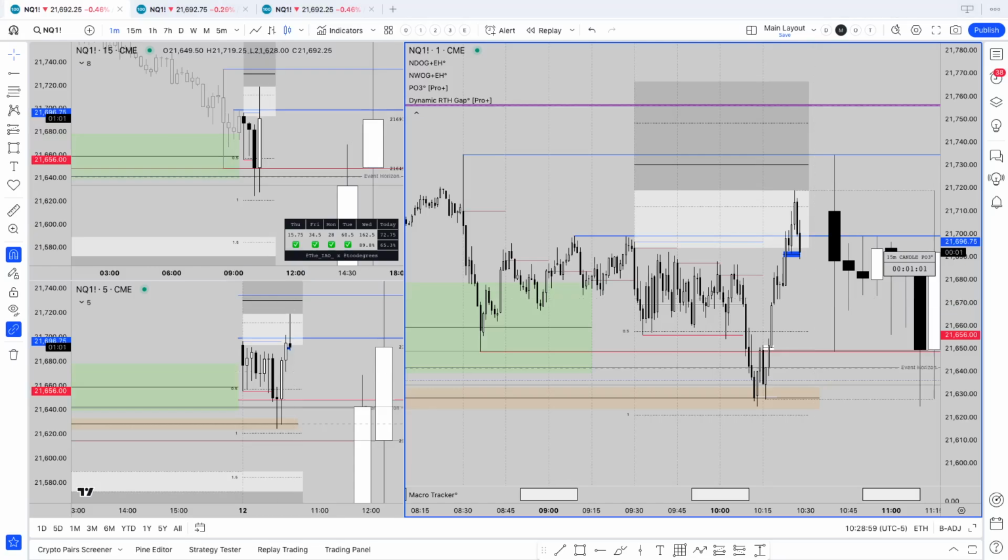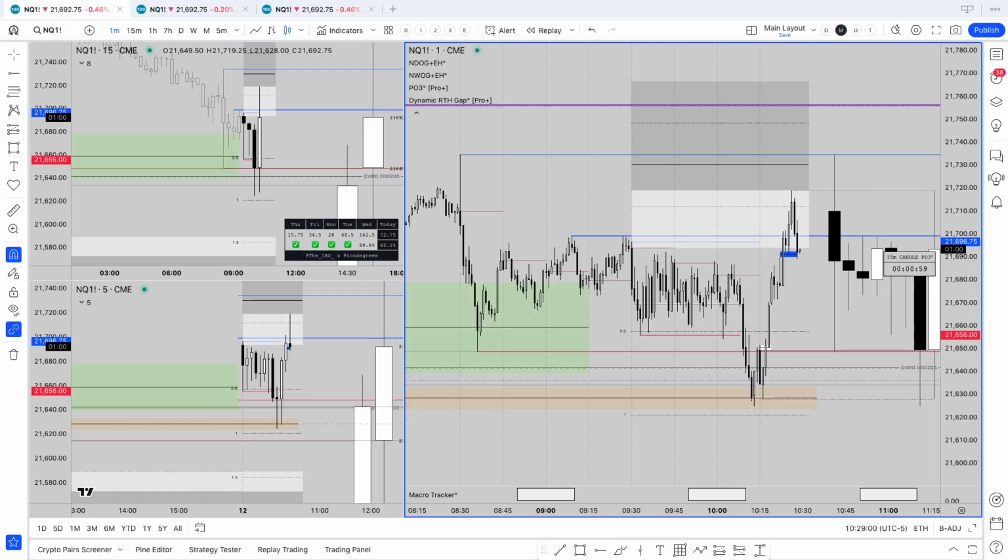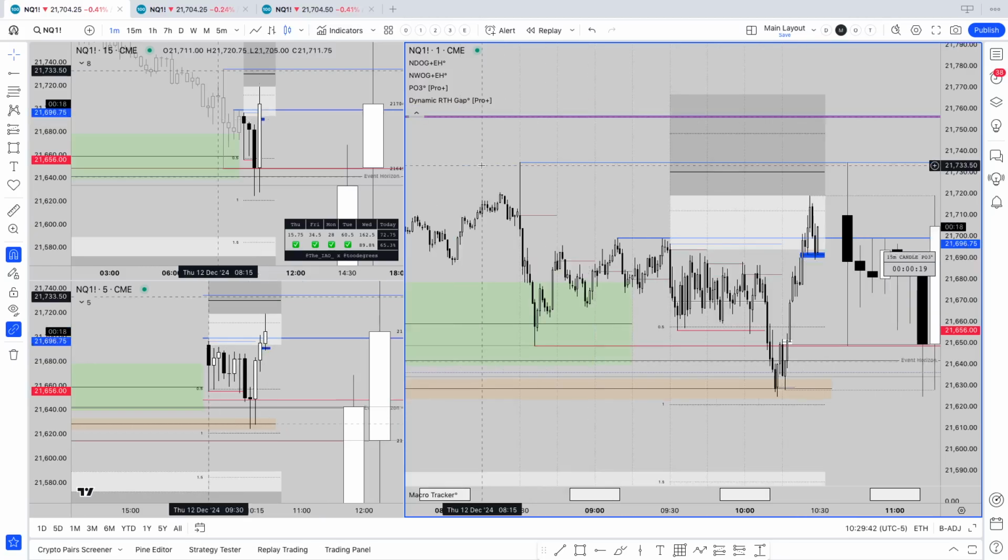Beautiful. That trade is just so clean, beautiful. It was a good morning.